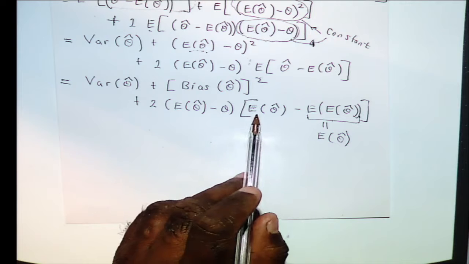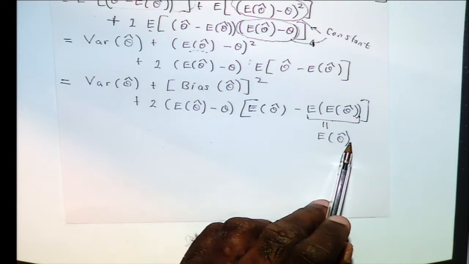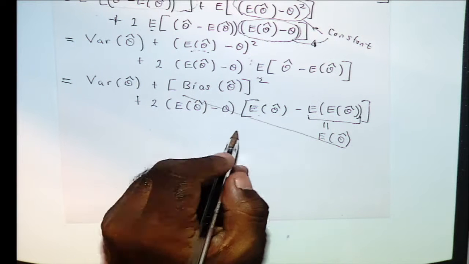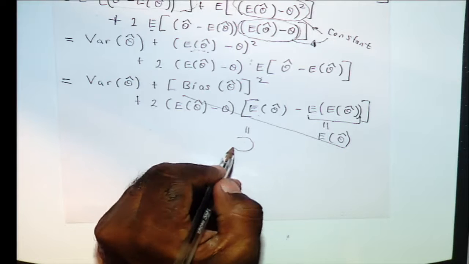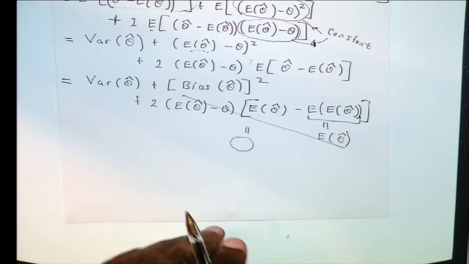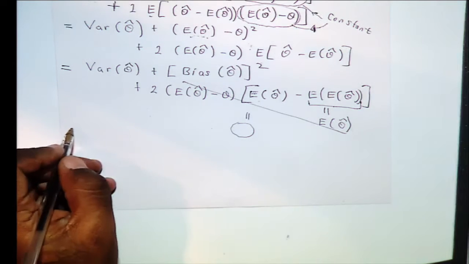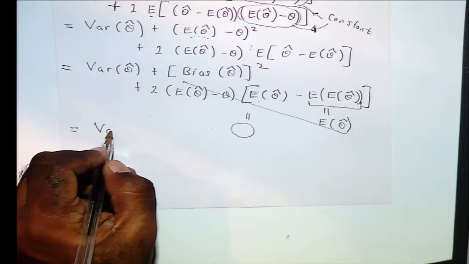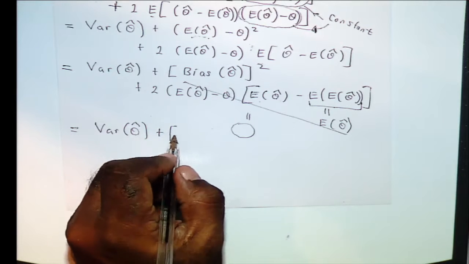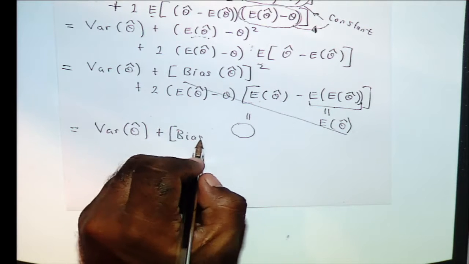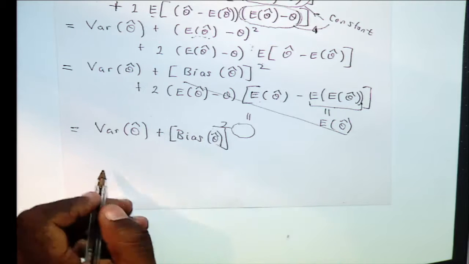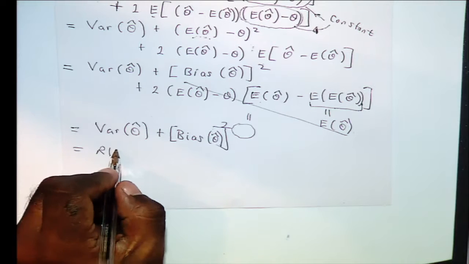So you have expectation of theta hat minus the expectation of theta hat, which is equal to 0, right? So what you have is the variance of theta hat squared, which is right.